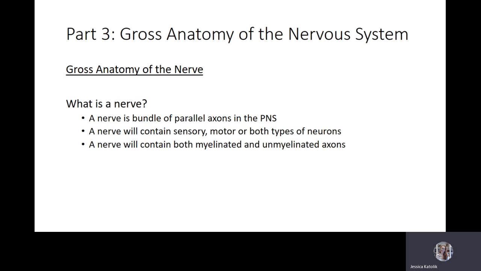So let's look at the definition of nerve. A nerve essentially is a bundle of parallel axons in the peripheral nervous system. Make a note of that. Nerves are in the peripheral nervous system. The equivalent term for the central nervous system is a tract.